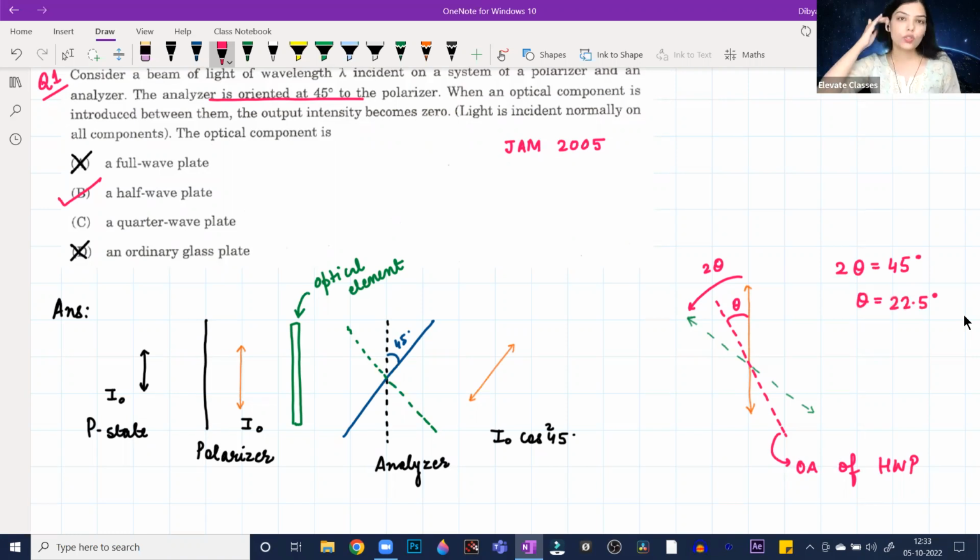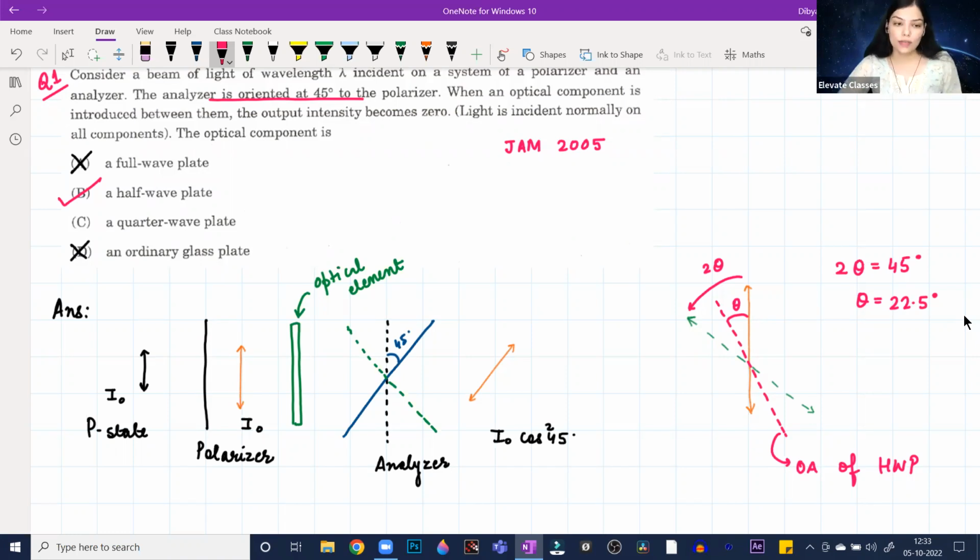So I need to use a half wave plate with its optic axis making an angle of 22.5 degrees with respect to the pass axis of the initial polarizer. It will rotate the orange output by 2 theta and give me a polarization state making a 90 degree angle with respect to the analyzer, thus giving me 0 output intensity.